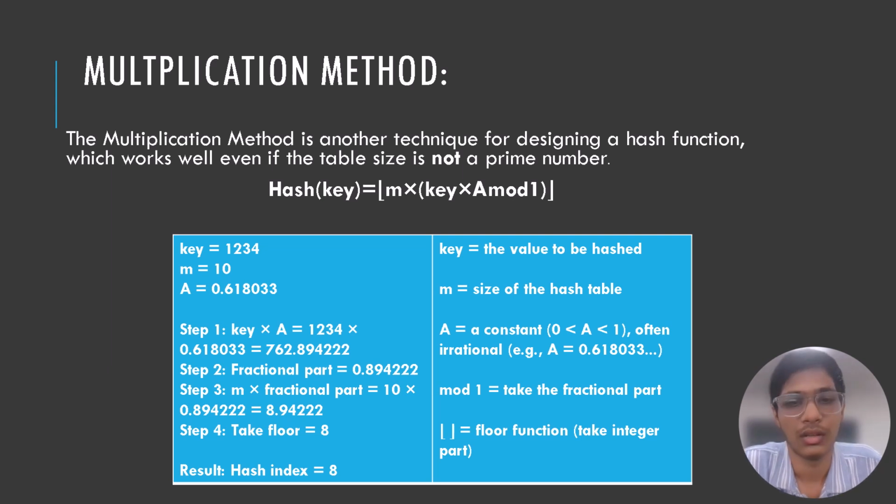In step 2, the fractional part is 0.622. In step 3, we multiply m by the fractional part: 10 times 0.8942 gives 8.942. Then take the floor, which equals 8. The result is a hash index of 8. I hope you find this method easy.